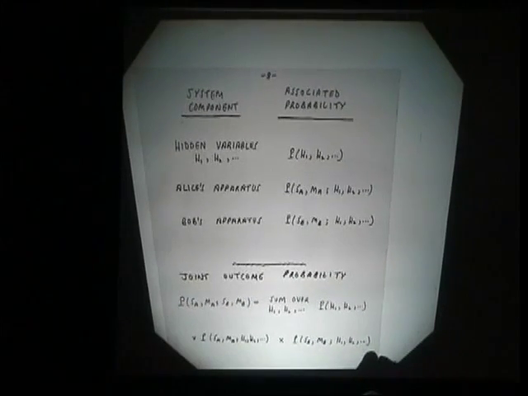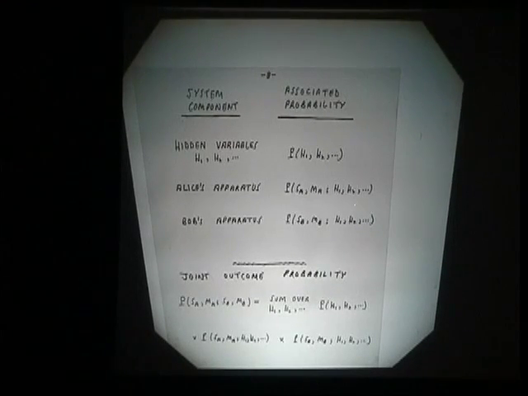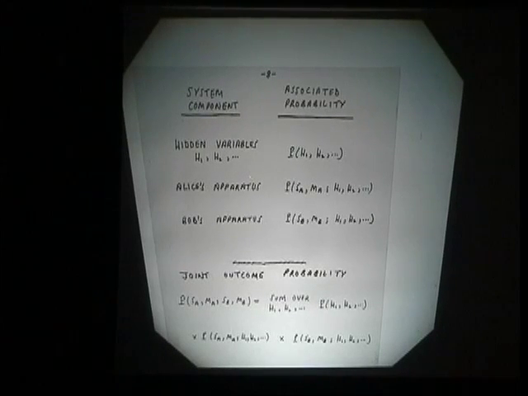Let us suppose that there are hidden variables, H sub 1, H sub 2, and so forth, whose values, if known, would determine the measurement outcomes of both Alice and Bob. And further, let us suppose that these hidden variables act only locally. That is, given the values of these hidden variables, there is some function P of SA MA that depends on Alice's axes and measurement result and on the hidden variables that determines Alice's outcome, but it doesn't depend on any of Bob's values, either his axes or his measurements.